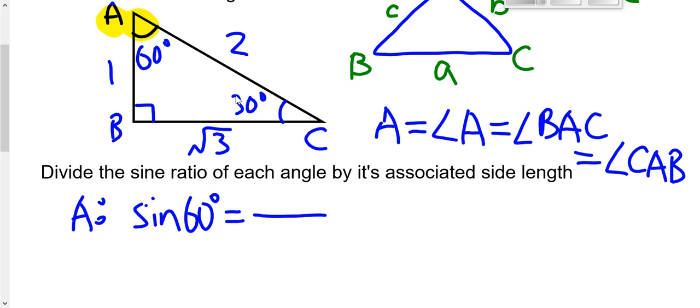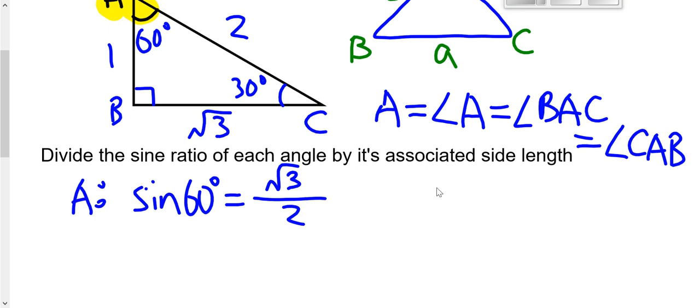Sine is opposite over hypotenuse. So root 3 over 2, root 3 over 2. Okay, then do this. Now let's look at angle B.